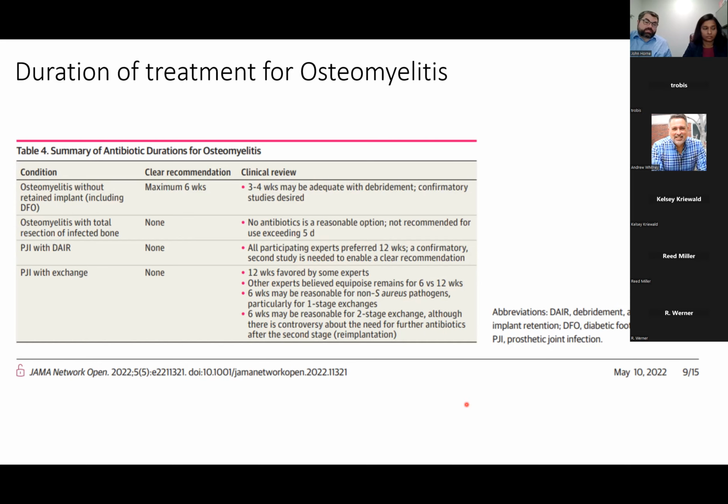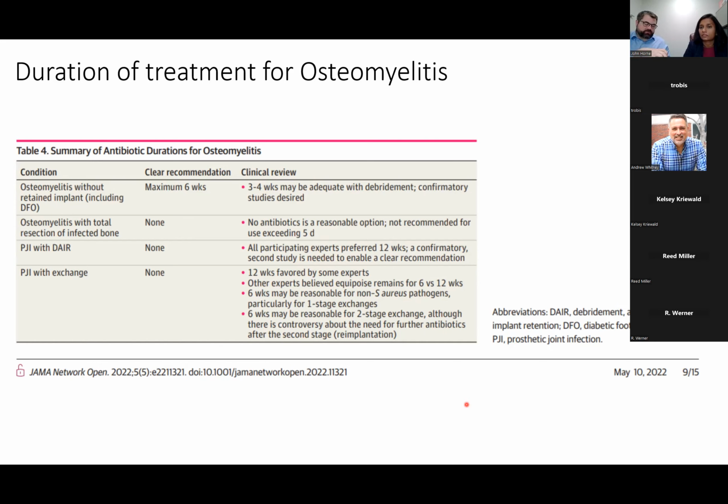I might stop antibiotics after a day or two, but it also depends on the patient. If they have uncontrolled diabetes, a very poor blood supply, or it was a very dirty area, I may give a little bit longer, but in general, if it's a clean cut, you can stop antibiotics then.